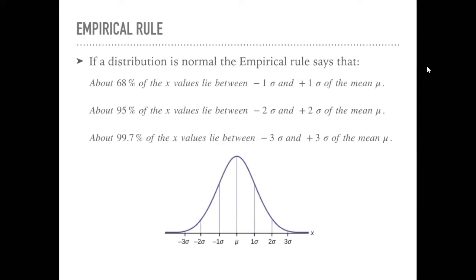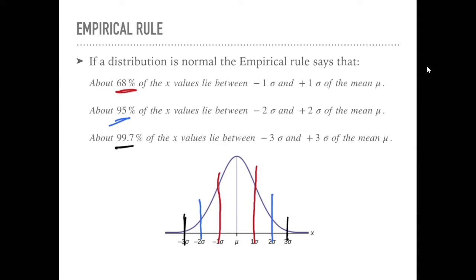So this is a picture that helps us see things. If our mean is here in the middle, then between these red lines that I'm drawing, we have 68% of the data. Between the blue lines that I've drawn, we have 95% of the data. And between the black lines that I'm drawing, we have 99.7% of the data.